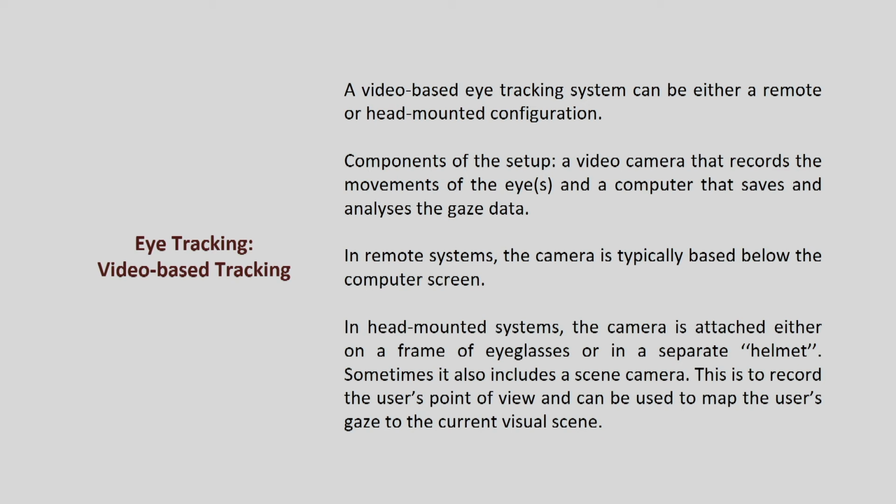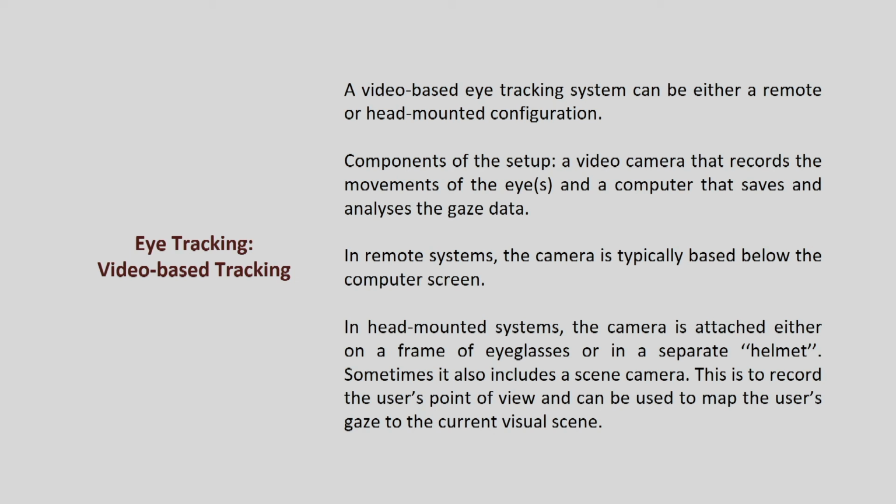So, the components of this particular setup are a video camera that records the movement of the eye, and a computer that saves and analyzes the gaze data. So, when you are looking at some particular object, that camera is going to record my eye movement, transfer it to the computer, save it, and further analyze it.